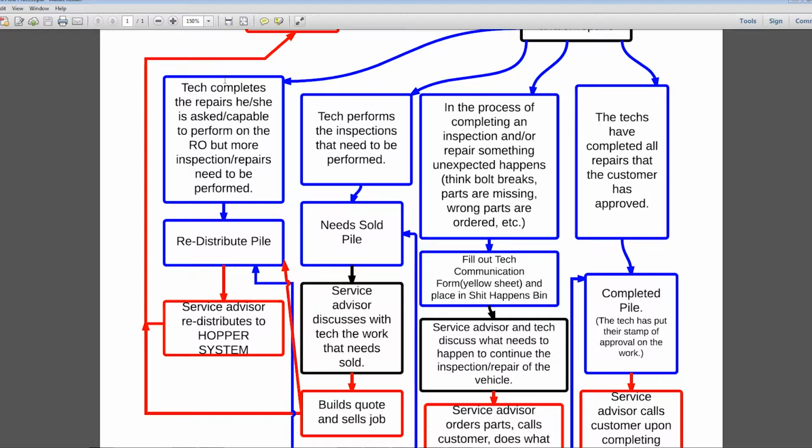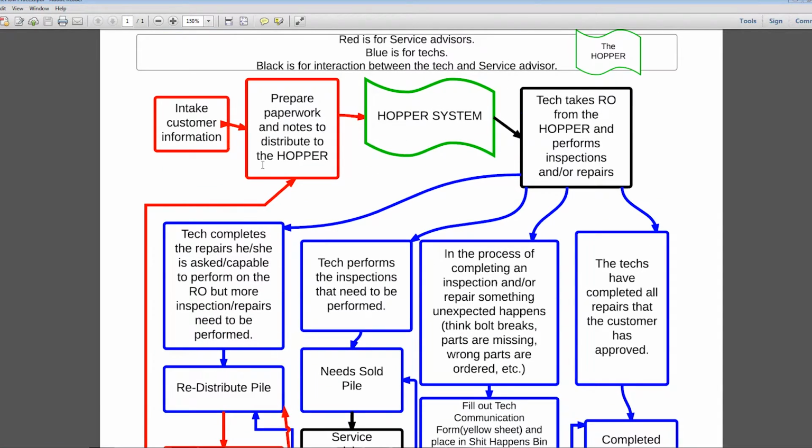So this technician would take the ticket, perform the repairs that they could perform, and it would go into what we have as a bin, which is the redistribute bin or redistribute pile. Once it goes into that, the service advisor then redistributes it back into the hopper system.